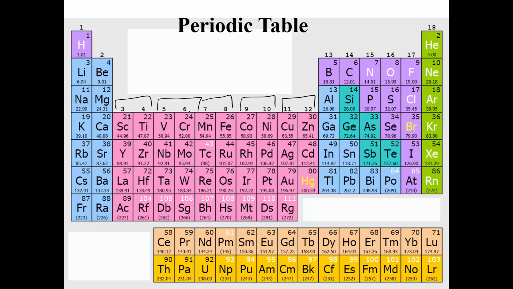Of course, chromium, for example, has 24 electrons, and the highest quantum energy level is equal to 3. So we can have L equal to 0, L equal to 1 or 2, so we can have s, p, and then d, and we can have different orientations.